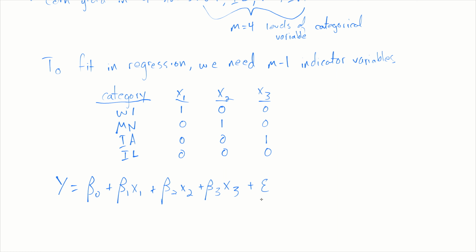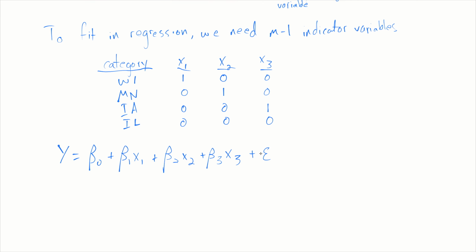And our epsilon are independent and identically distributed normally with mean 0 and variance sigma squared, just like we've seen before. So let's think about what this model means and how, when the indicator variables take particular values, it can reduce down to a simpler model.